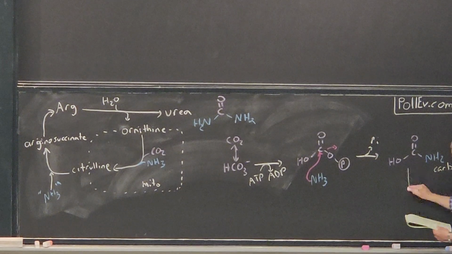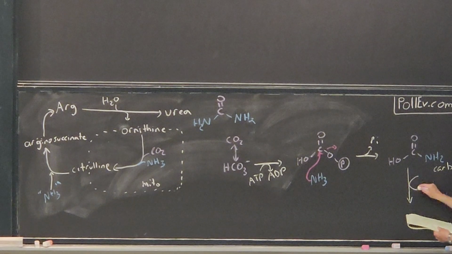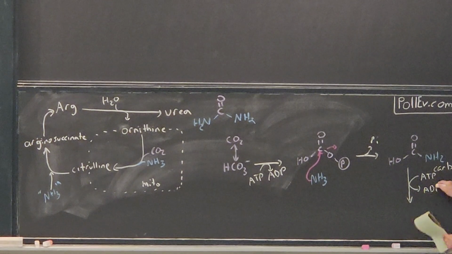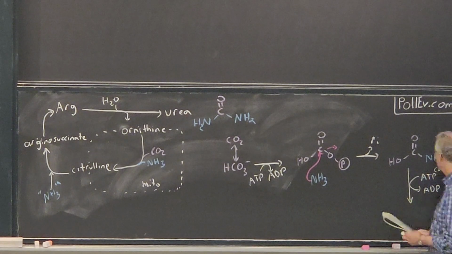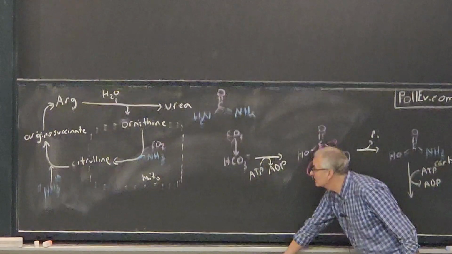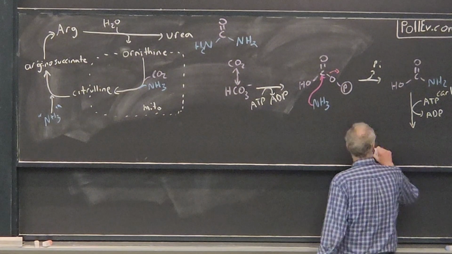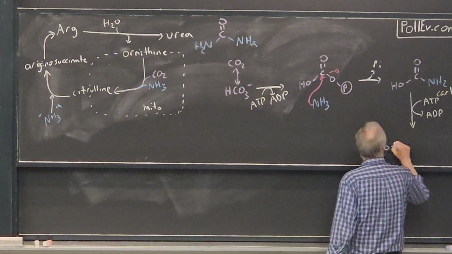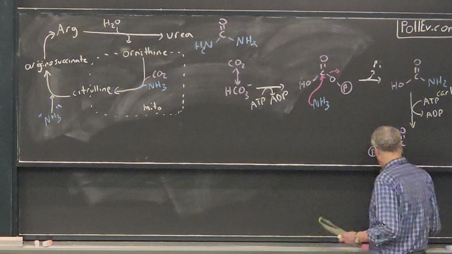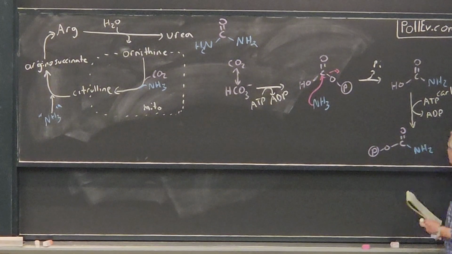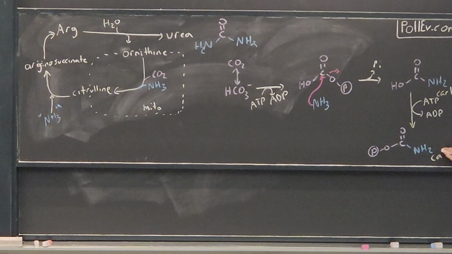And then carbamic acid can come along and be phosphorylated, plus another ATP, and that gives us this molecule, which is called carbamoyl phosphate.